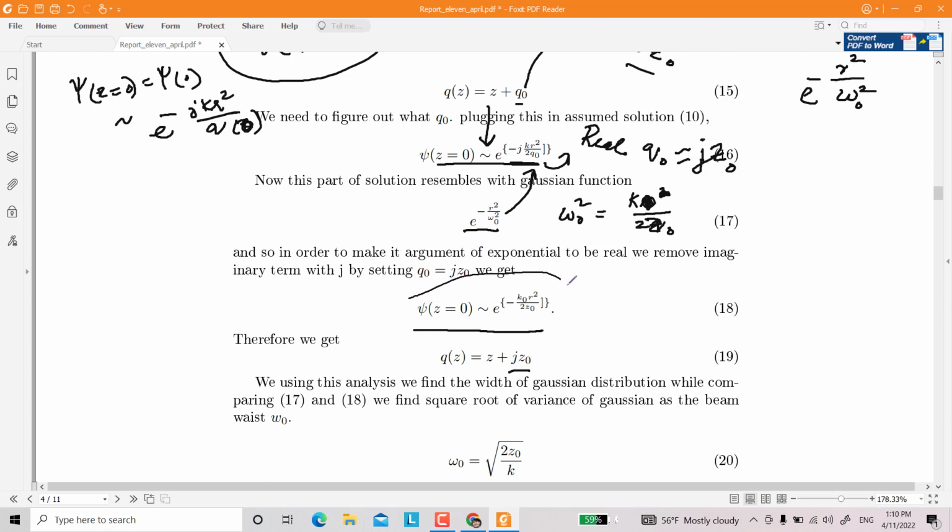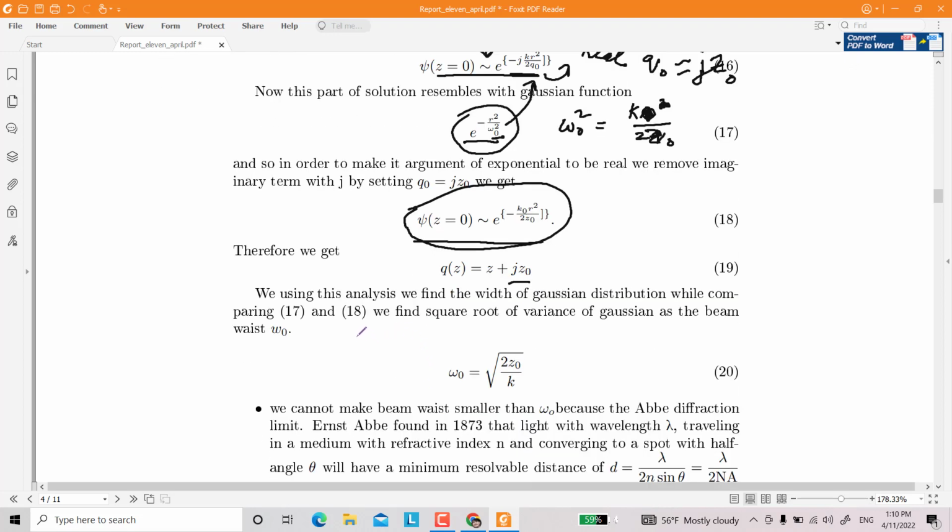So if we compare this denominator of this Gaussian exponential, which is the width of the Gaussian or the variance, with equation number 18, we realize that omega naught is equal to the square root of 2 z naught divided by k.